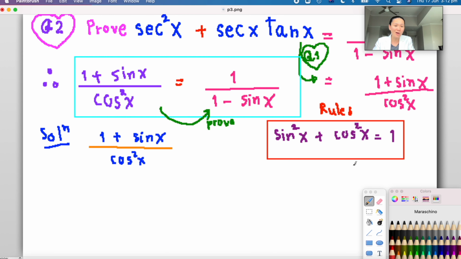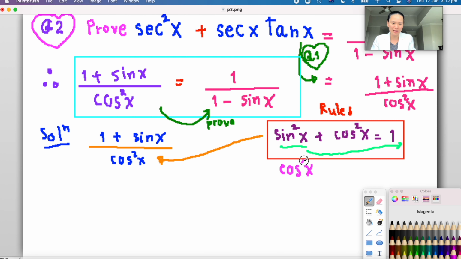If I would like to link with cos x squared here, I'm going to apply this rule. My cos x squared equals, I just move sin x squared to the other side of the equation, so it turns out my cos x squared equals 1 minus sin x squared.